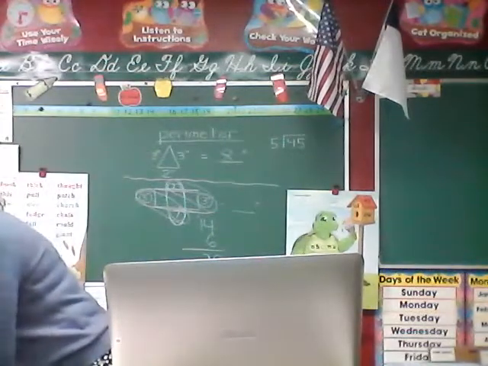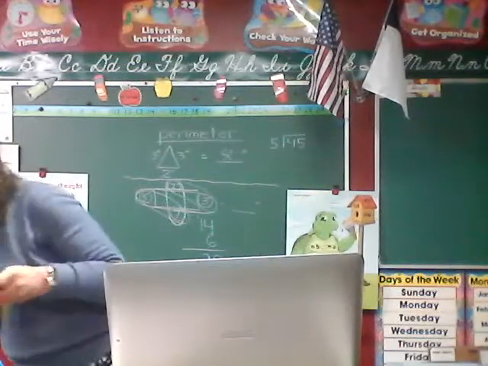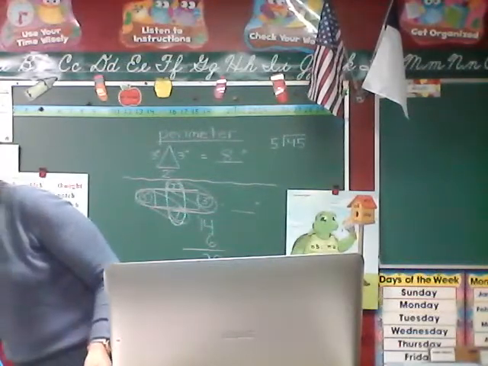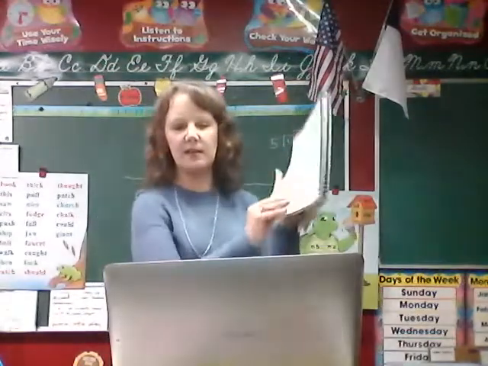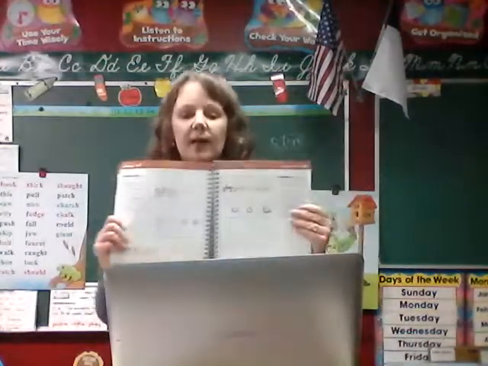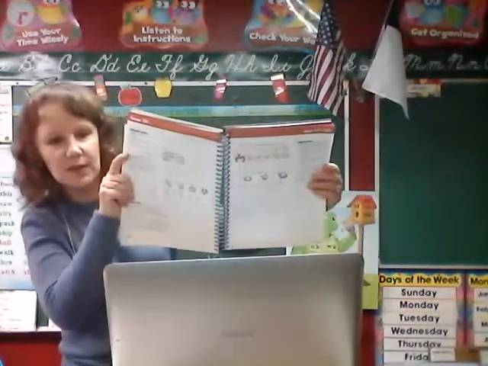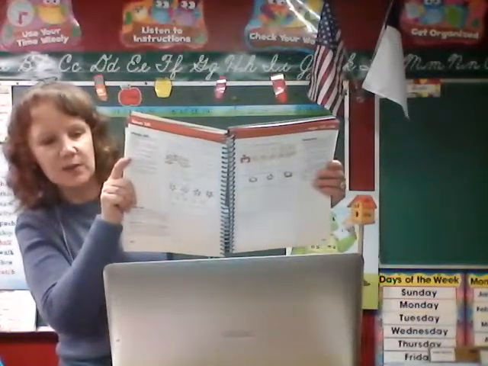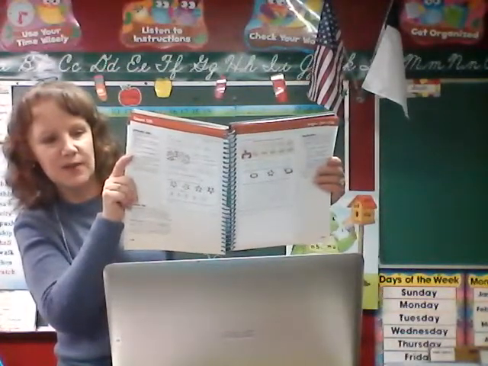Okay, so what you're going to be working on today in your workbooks is pages 257 and 258. Now, Albert, I know that you don't have yours yet, but this is what it's going to look like. You're going to be doing a whole bunch of different activities, but look what I see in there.